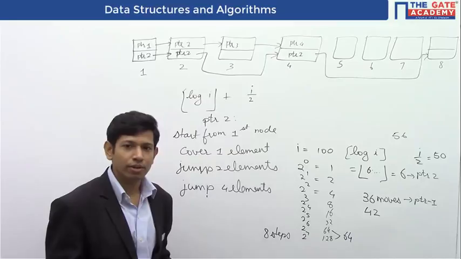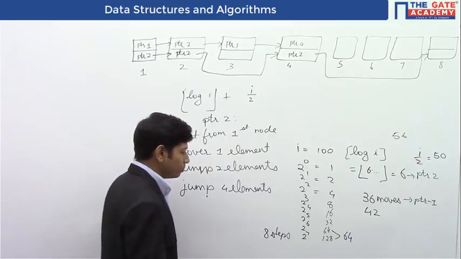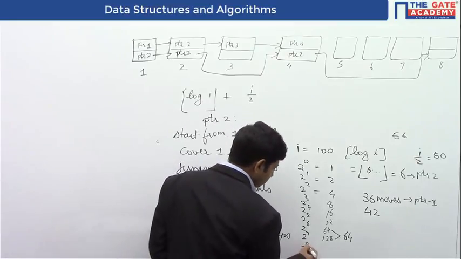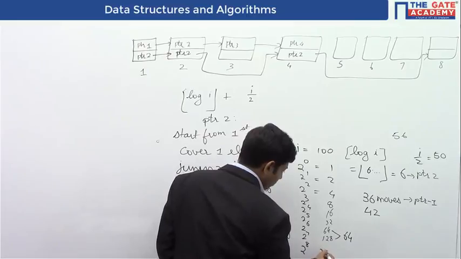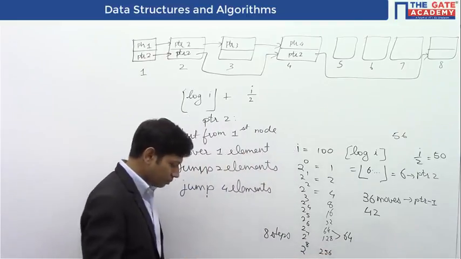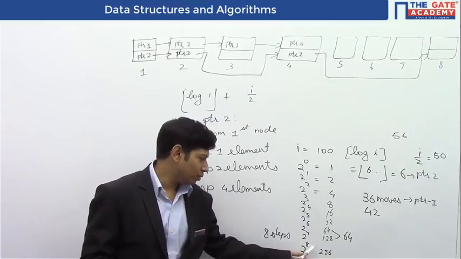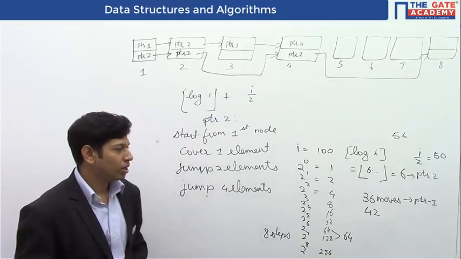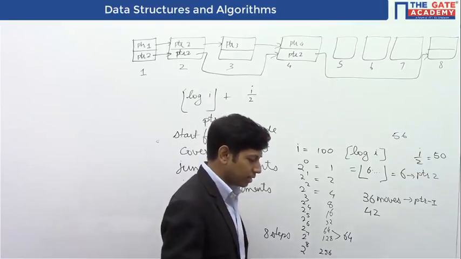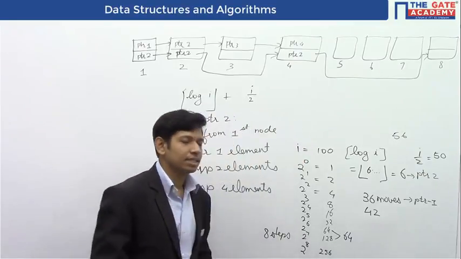The next power of 2 is 2 to the power 8, and its value is 256. Now let's see what answer we get for 256.